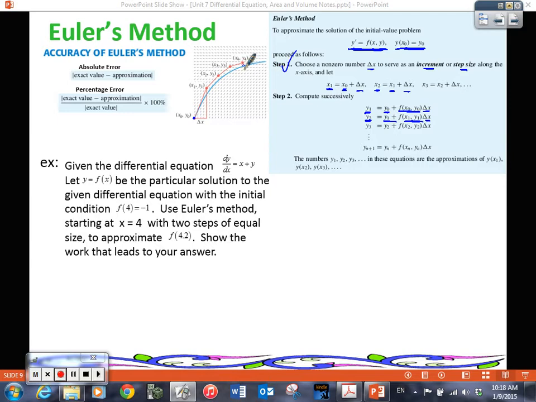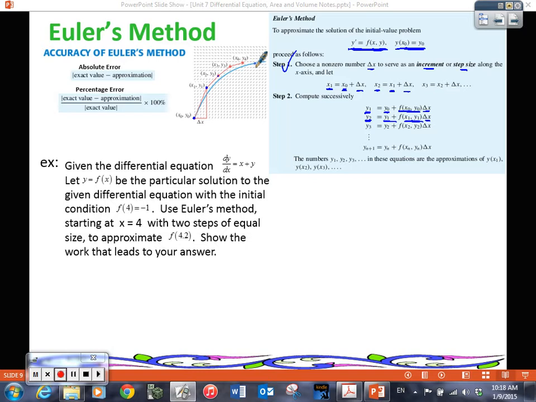What we do is we take our increment and do this formula right here, and we get our first approximation value. You can think of them as little tiny tangent lines if you want to. They're just little segments. And then we keep going. We use that to get this one and keep stepping. Okay? So that is Euler's method.